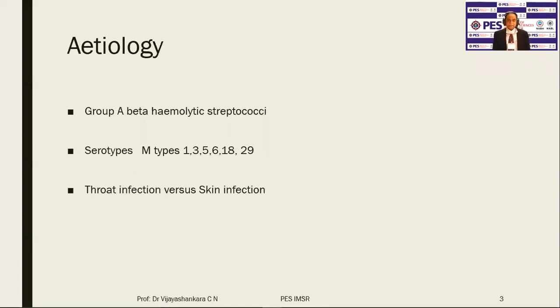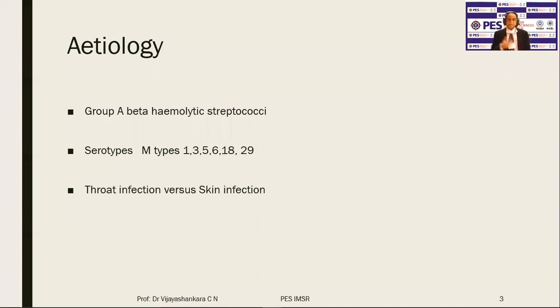Group A beta hemolytic streptococcus is one of the serotypes of group A streptococcus. Group A streptococcus is otherwise known as Streptococcus pyogenes.